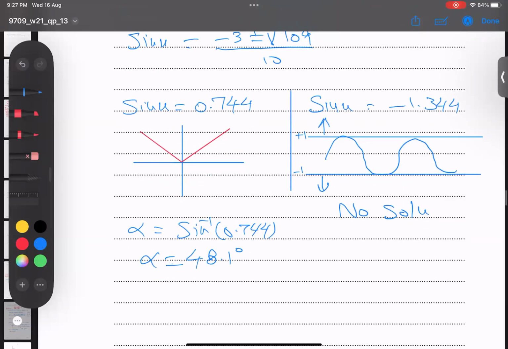So this is the angle. I get it. Oh, sorry for that. I get here 48.1 and 48.1. So the first answer I get is this, and the second answer is this. So sorry for that. 48.1 and 180 minus 48.1.